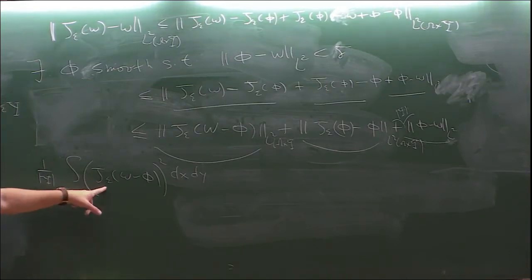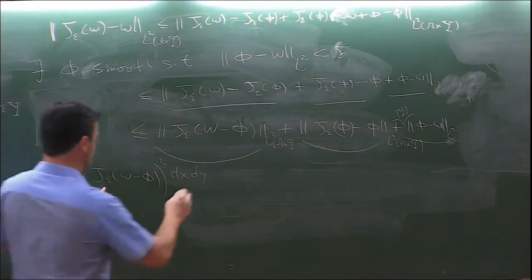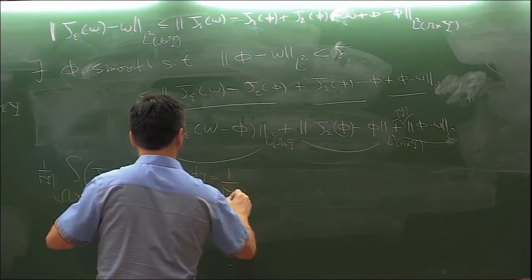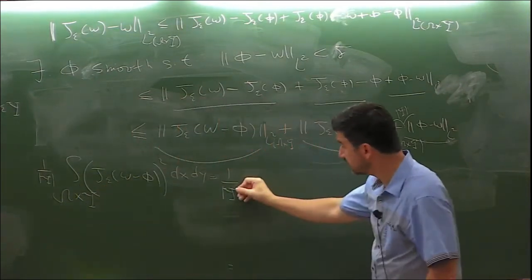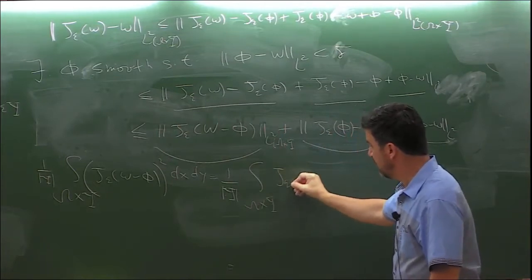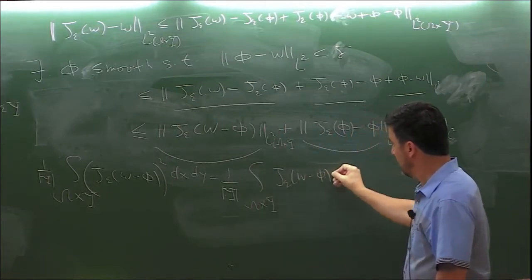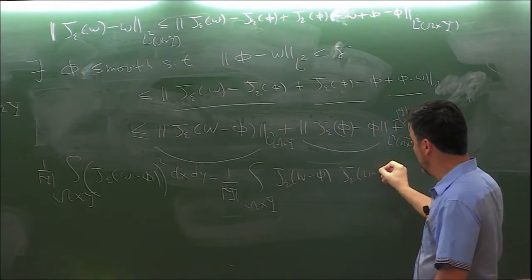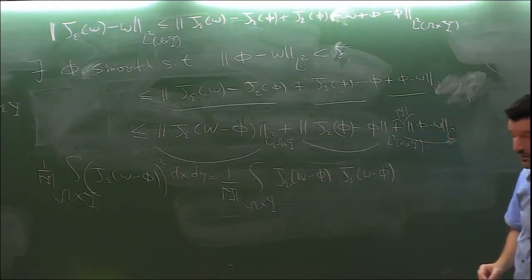But now, what is this? T epsilon times T epsilon, yeah? T epsilon of omega minus phi times T epsilon of omega minus phi, okay?